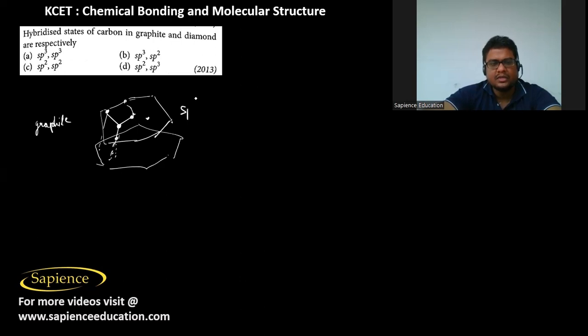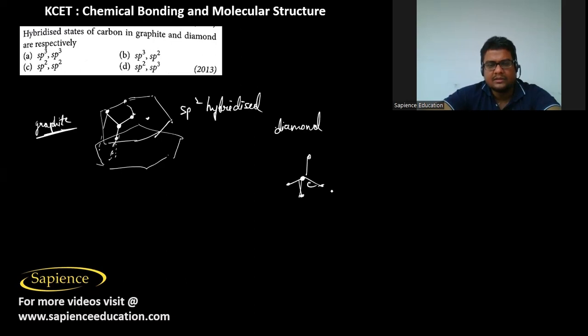So it is sp2 hybridized. Every carbon atom is sp2 hybridized in case of graphite. In case of diamond, every carbon atom is linked with 4 other carbon atoms, so a tetrahedral network is formed.